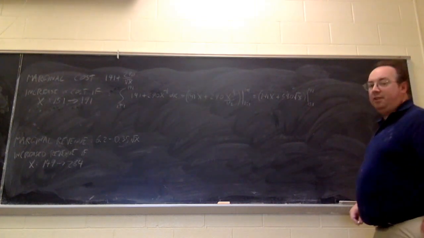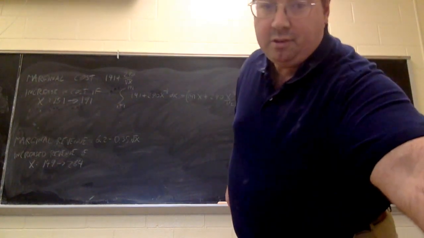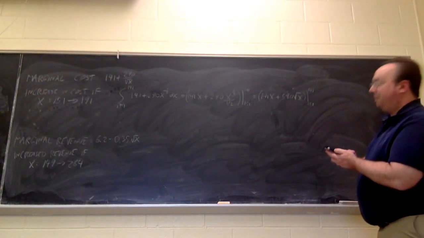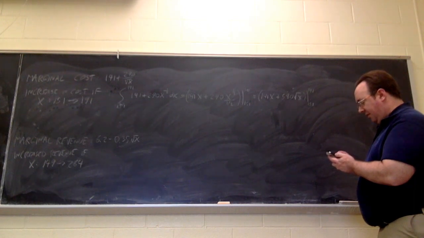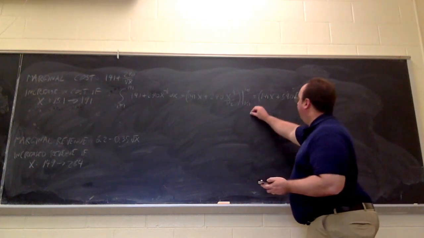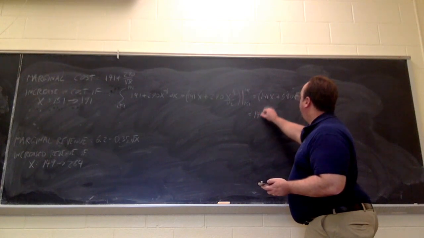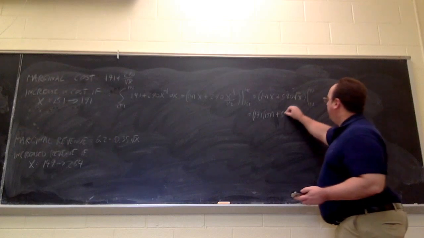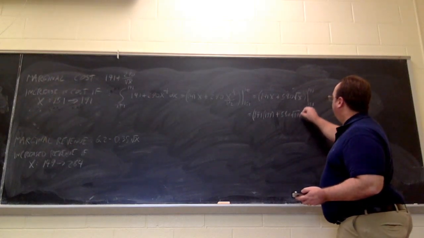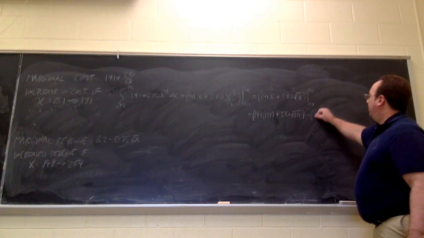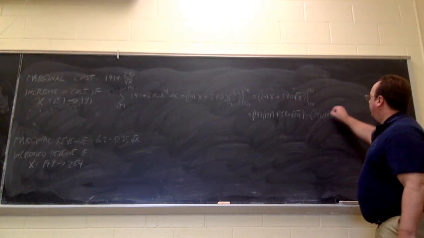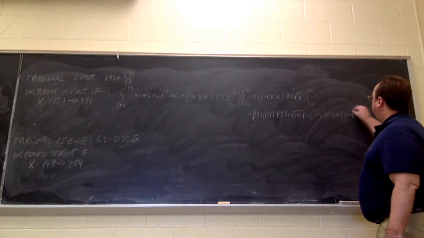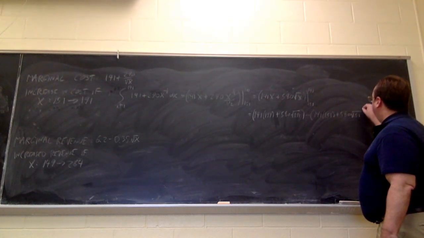So to evaluate this, I'm going to need to use a calculator, and we'll round to the nearest cent. So I have 141 times 191 for the upper limit plus 580 square root of 191 minus 141 times 151 plus 580 square root of 151.